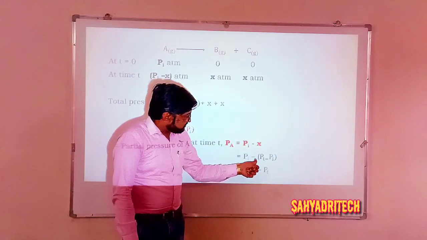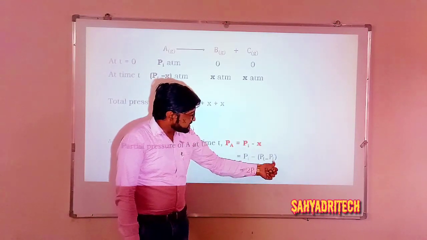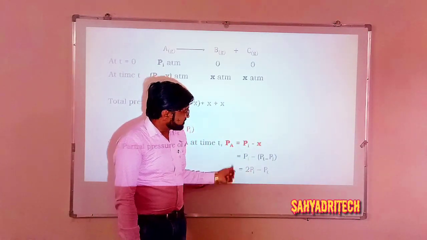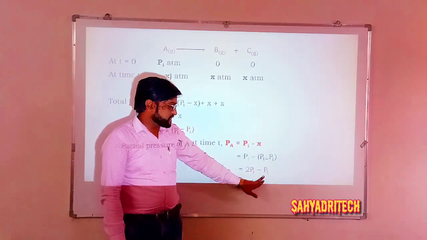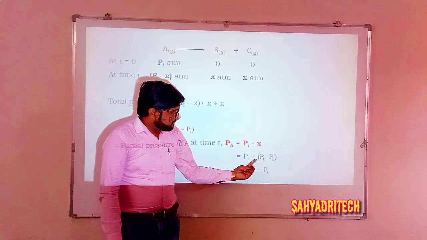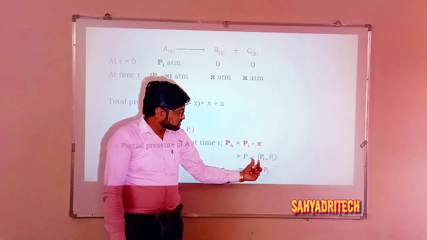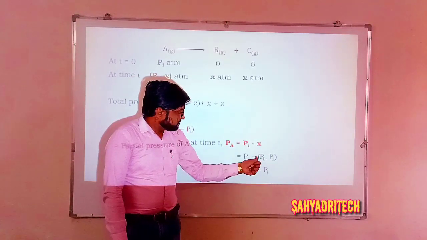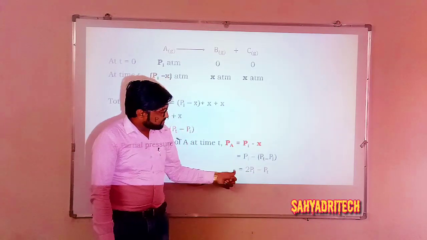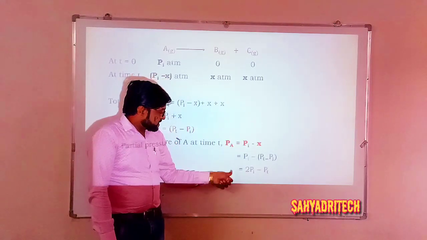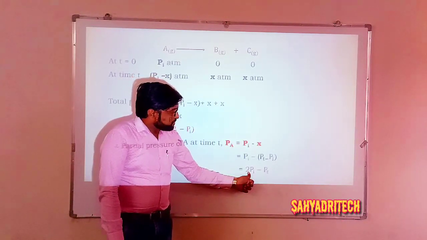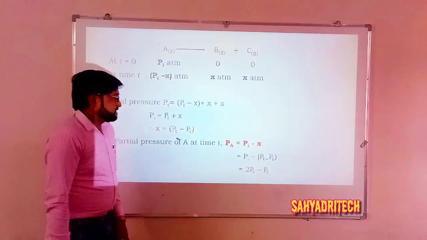So Pi minus, in brackets, Pt minus Pi. If you simplify, Pa is equal to Pi minus Pt plus Pi, so Pi plus Pi, 2 Pi minus Pt. So the pressure of reactant at time t, Pa, is equal to 2 Pi minus Pt.